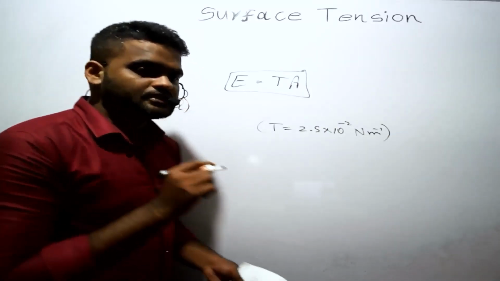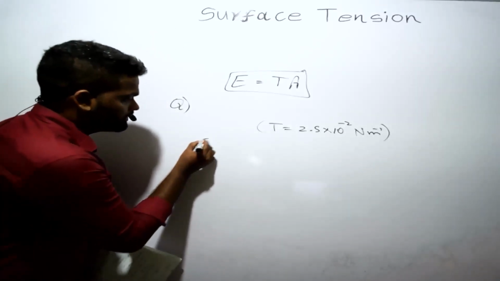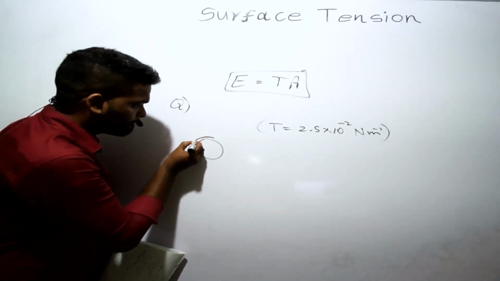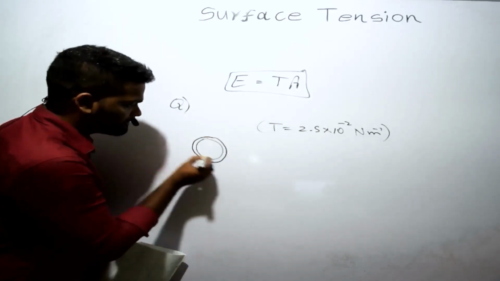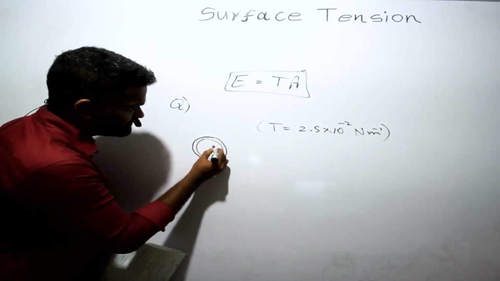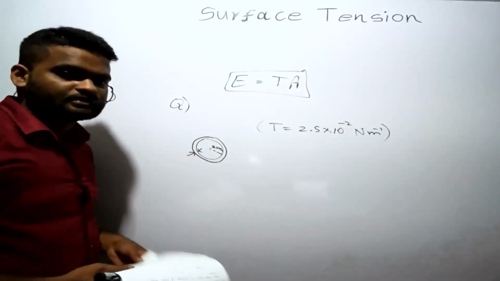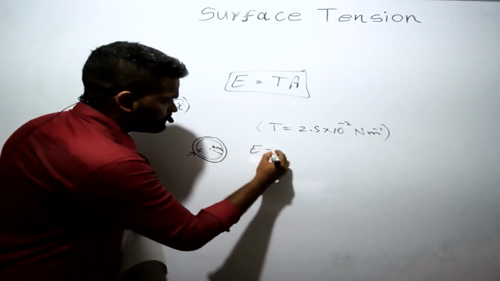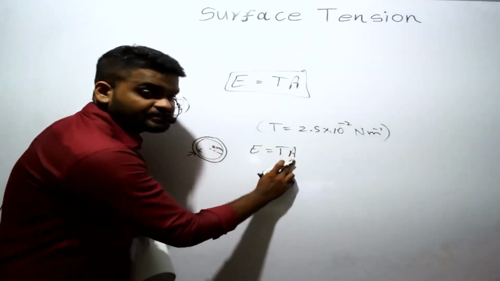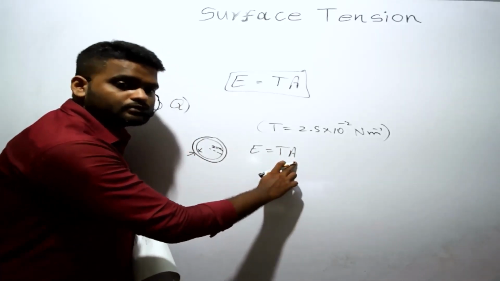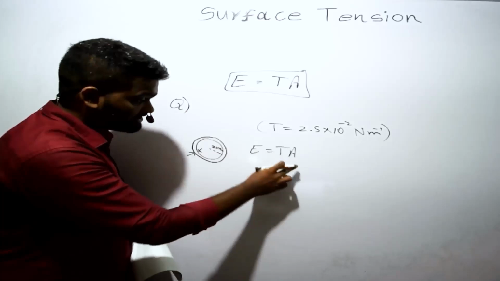So what's the specialty about this? You can draw this sketch. This is 2 millimeters. There are 2 layers. Understood? So this is the total area. So when you are finding area, what do you have to do? You have to multiply by 2.